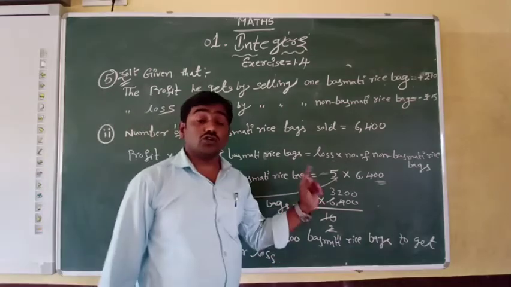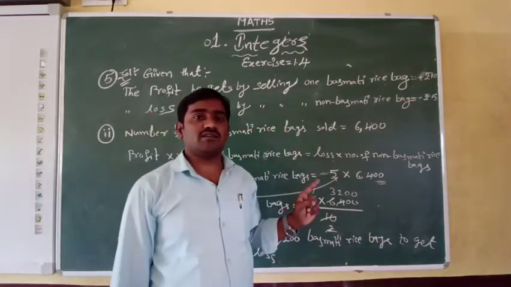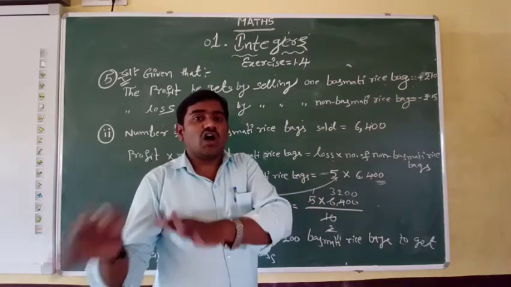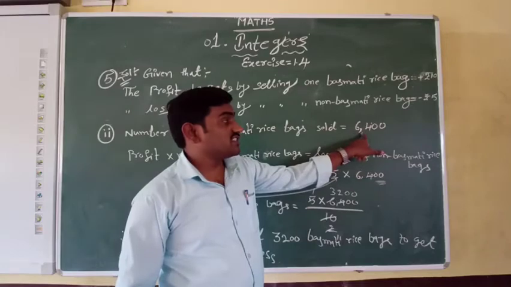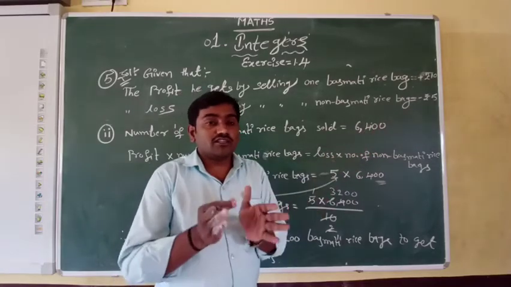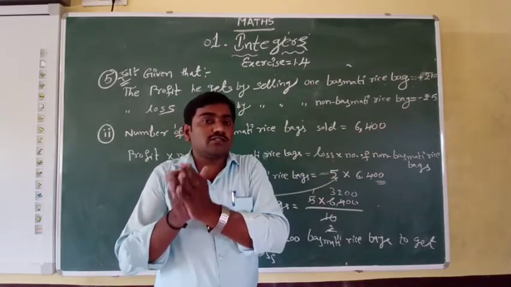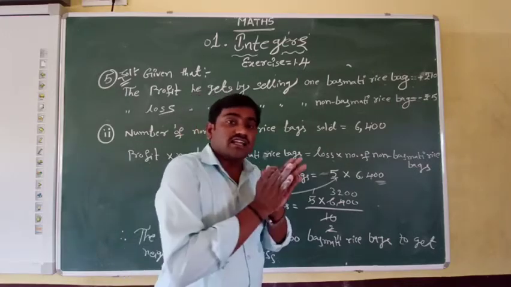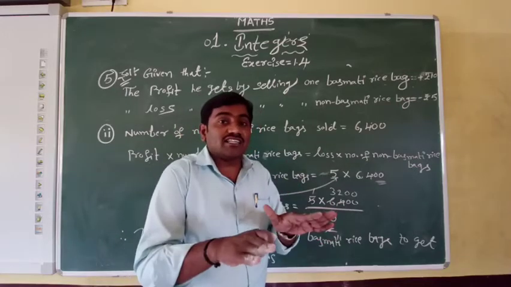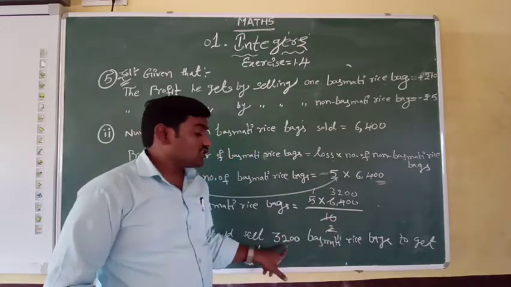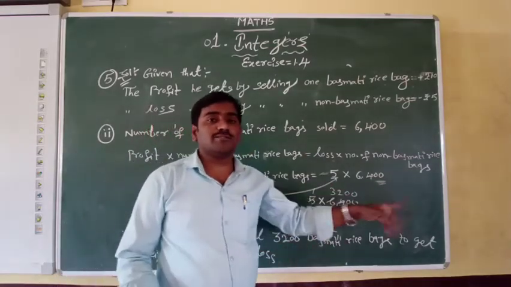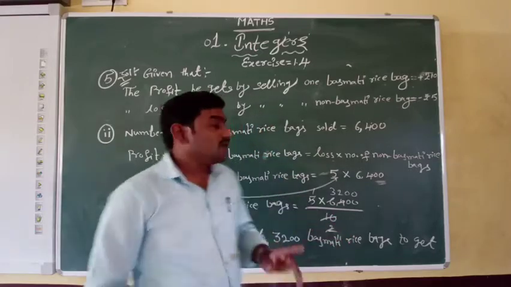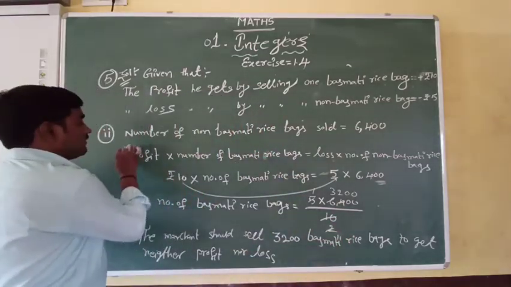So we have to sell 3,200 basmati rice bags to balance the loss. If 6,400 non-basmati rice bags are sold, they are already at a loss. To cover the loss, we must sell 3,200 basmati rice bags. So you will never get a profit, and you won't get a loss. This is the way we need to do it.